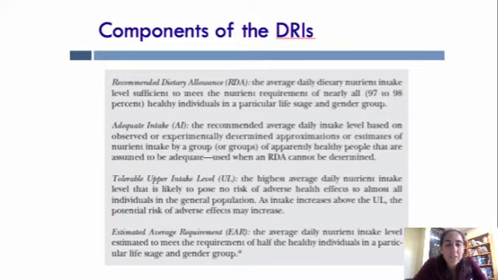It's the recommended nutrient intake level estimated to meet the needs for approximately half of the population within a given gender and age group, or gender and life stage group. So the estimated intake level that is estimated to meet the needs of about 50% of the population.